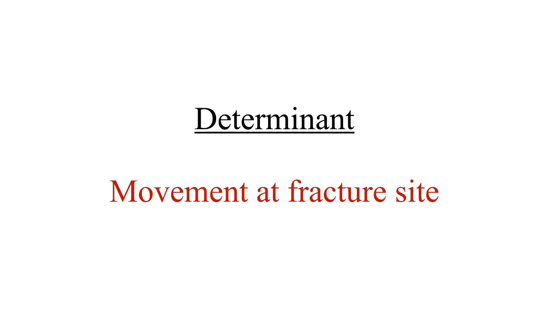The major determinant in forming this new bone in the fracture site is the presence of movement at the fracture site. And the types of healing are classified based upon the movement that occurs in the fracture site after fracture.